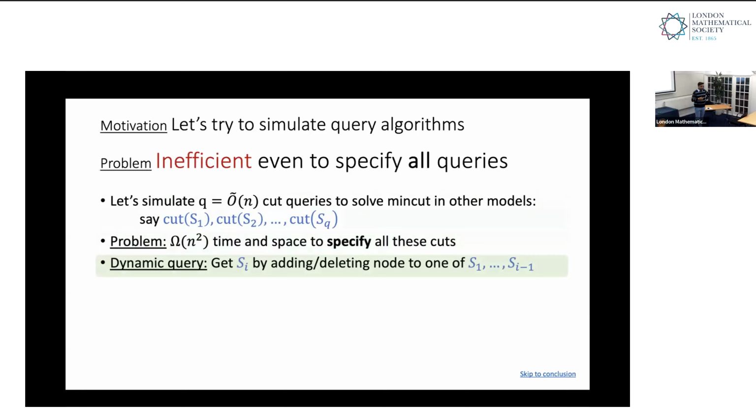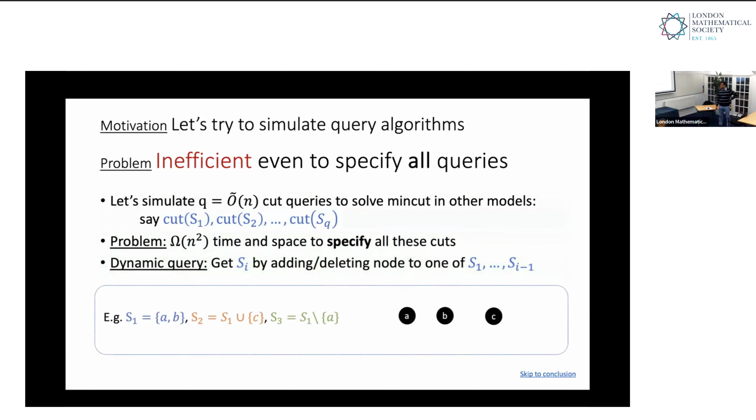Now, dynamic cut query is somehow avoiding this blow up of information. What you are allowed to do is to make a cut query which is very close to what you have already queried. So suppose you queried S1, which is a set A, B, then S2 is going to be one vertex different from S1, or S3 is going to be one vertex different from S2, or whatever.